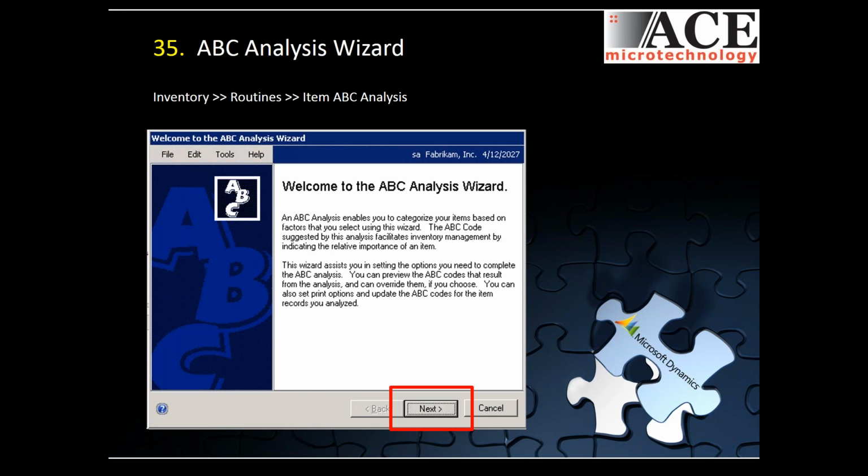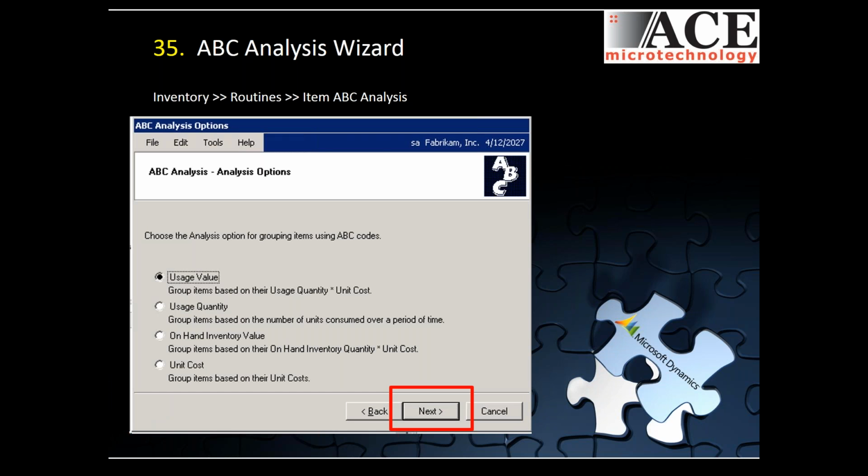By processing through this wizard, you actually get to come up with the best way to segregate your inventory in the system by these categories. It's typically based on an 80-20 rule, where 80% of the value of your inventory resides in 20% of the actual items. And then the other items are 15%, 5%, or whatever. That could be different for you. GP is going to allow you through this wizard process to define that.